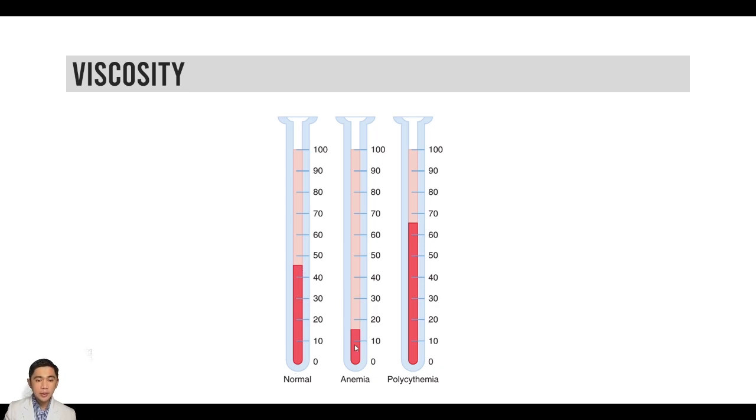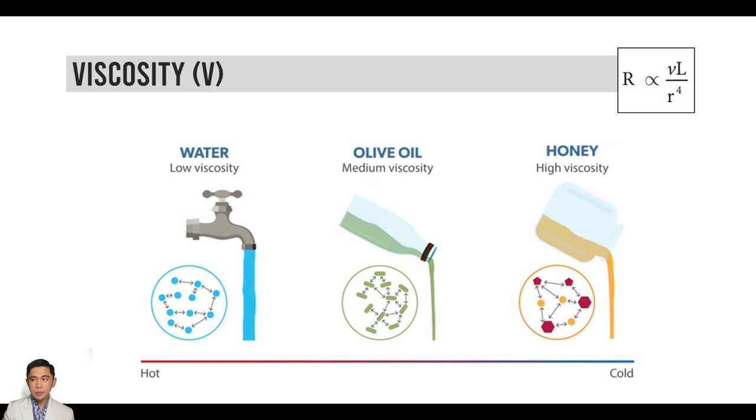If your RBCs decrease, it will be less viscous. And if your RBCs increase, it will be more viscous. So in order to get a grasp of this viscosity, I am showing you here the different viscosities of common fluids. Water, low viscosity. Olive oil has a high viscosity. And honey has the highest viscosity.